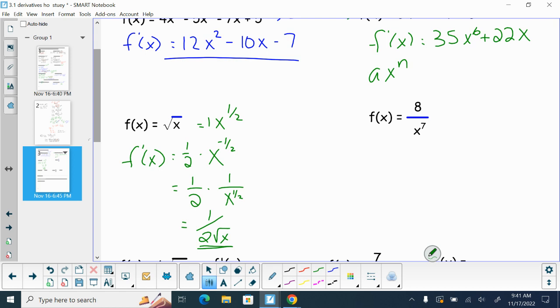You do 8 times 1 over x to the 7th, but it's still not in that form. What can we do to move this back up to the top? Negative 7. There we go. So we have 8x to the negative 7th power.